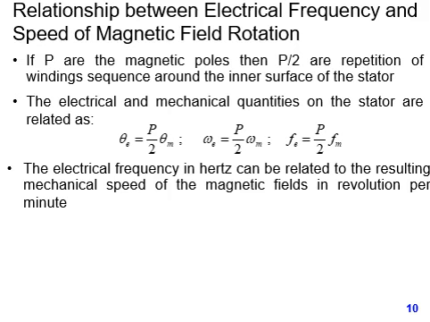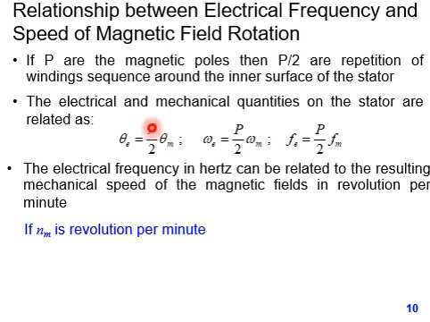Then the electrical and mechanical quantities on the stator are related as theta E is equal to P over 2 times theta m. Suppose P is 2 poles. Then 2 over 2 becomes 1, and theta E is equal to theta m.